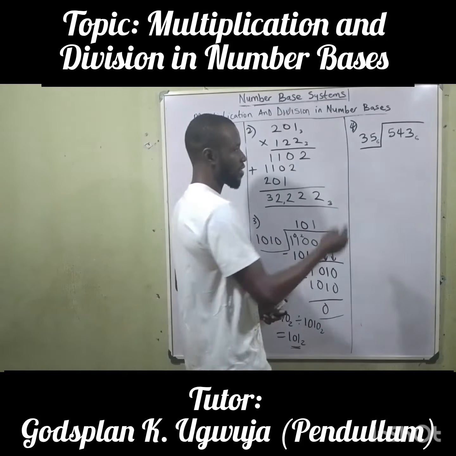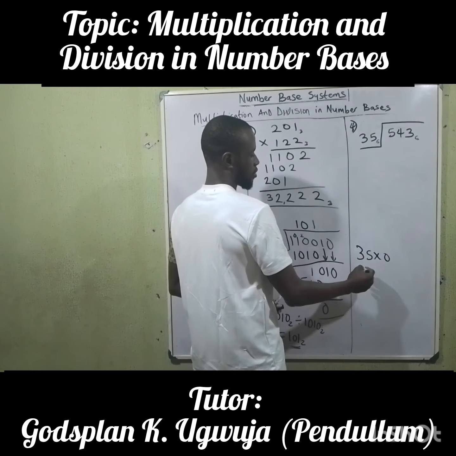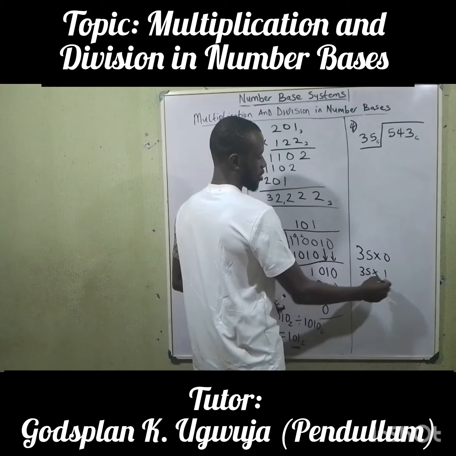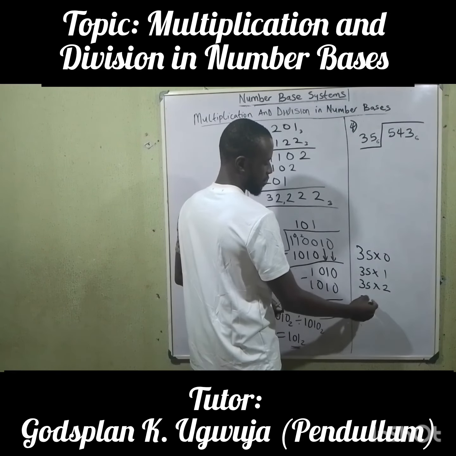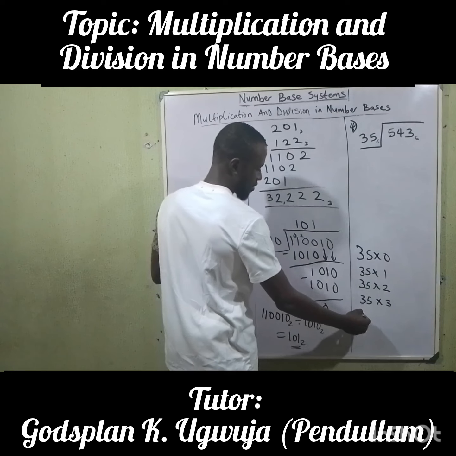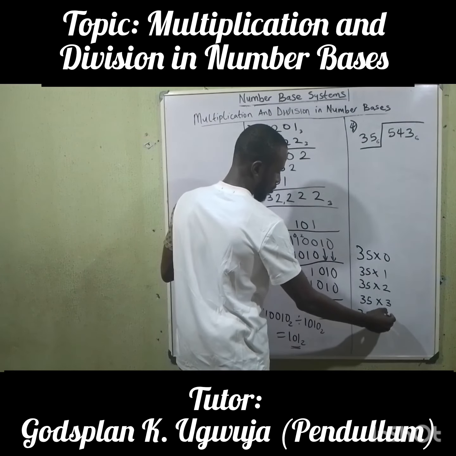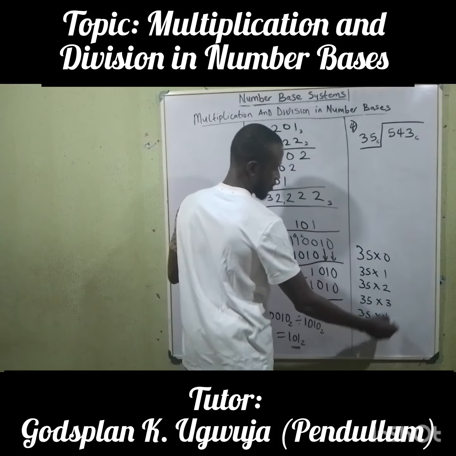What do I mean? The divisor here is 35, so we're going to have 35 times 0, 35 times 1, 35 times 2, 35 times 3, 35 times 4, and 35 times 5.